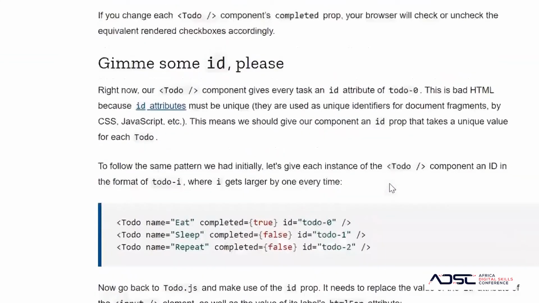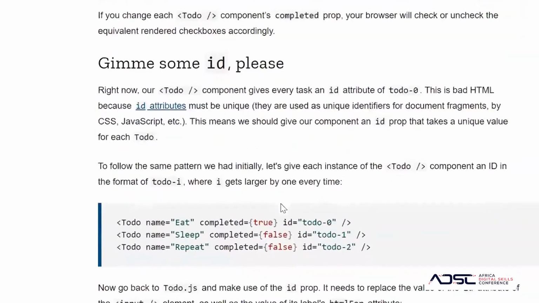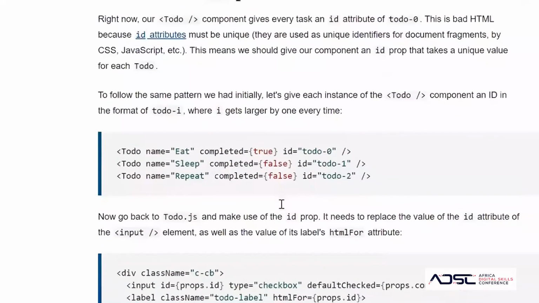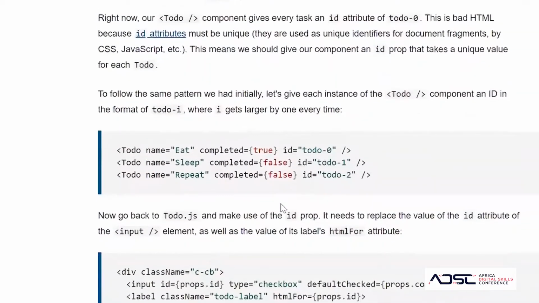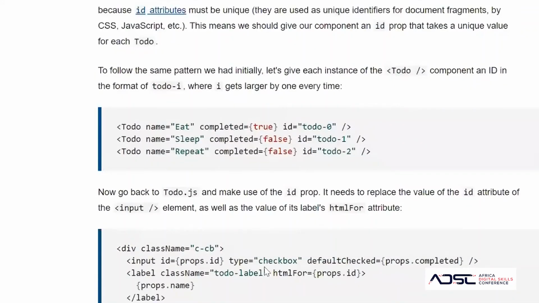So we can also decide to give each to-do an ID, okay? So ID 1, ID 2, ID 3. We actually use ID so that we can manipulate it however we want. So I can change it to an ID, right?